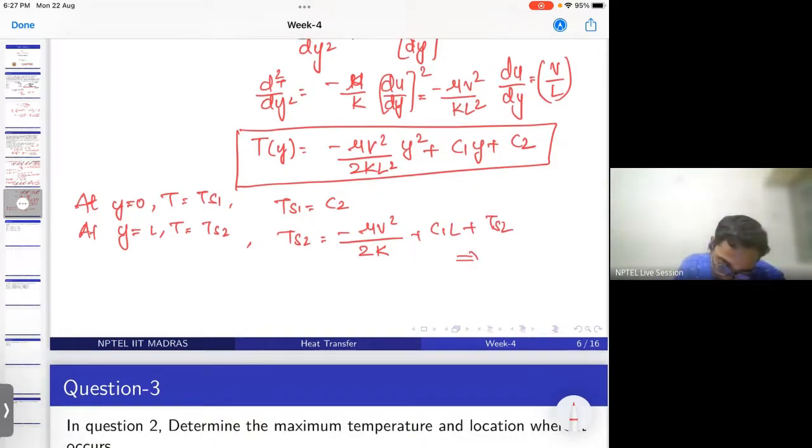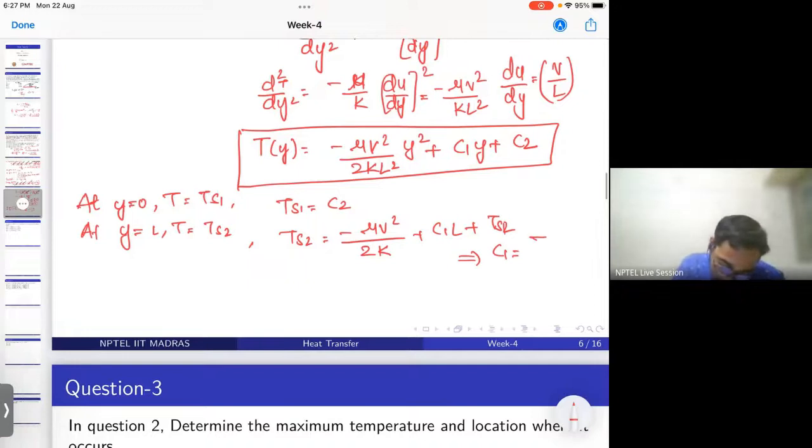From this we will get c1 as Ts2 minus Ts1 by L plus mu V square L square by 2kL. This is the c1.